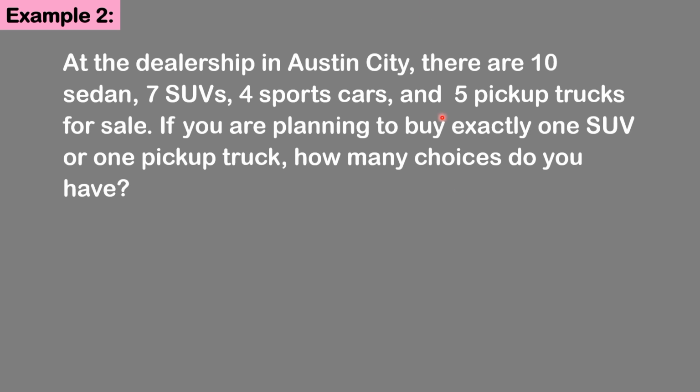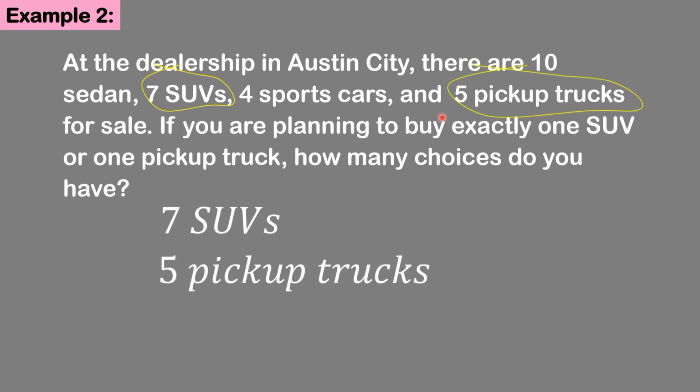Number of SUVs, 7. Number of pickup trucks, 5. Adding this together gives you the total number of choices. So you have 12 different choices if you want to buy either an SUV or a pickup truck.